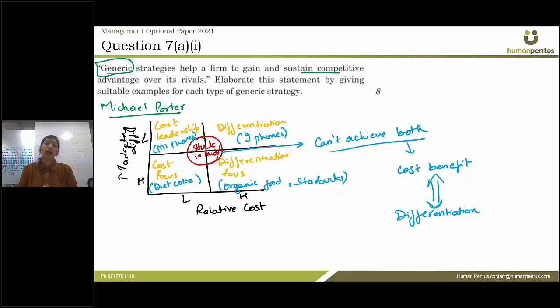Either the company can produce the products at low cost, or it can produce differentiated products. And if the company tries to achieve both, then it will be stuck in the middle. That is, it will not be in any kind of strategy, and it will not be able to achieve competitive advantage. All right.